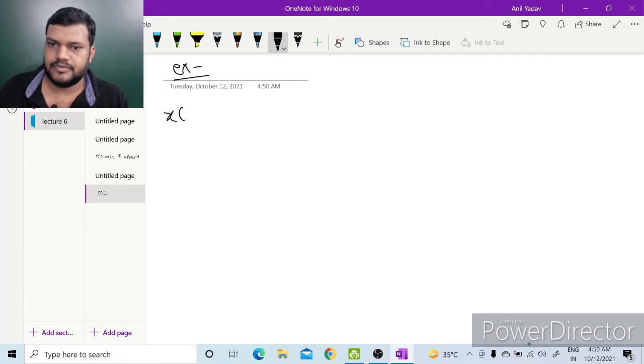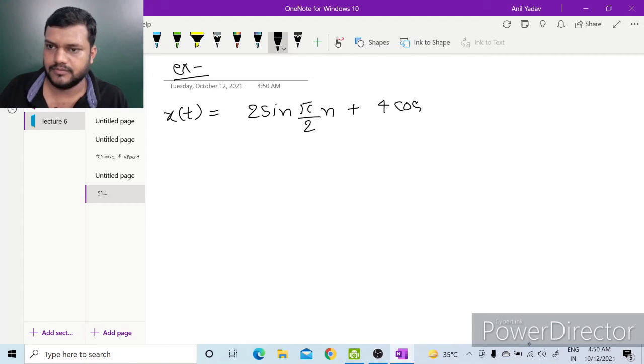Let us say x of n is 2 sin pi by 2 n plus 4 cos pi by 4 n plus 8 sin pi by 8 n. Now let me find the individual fundamental periods.